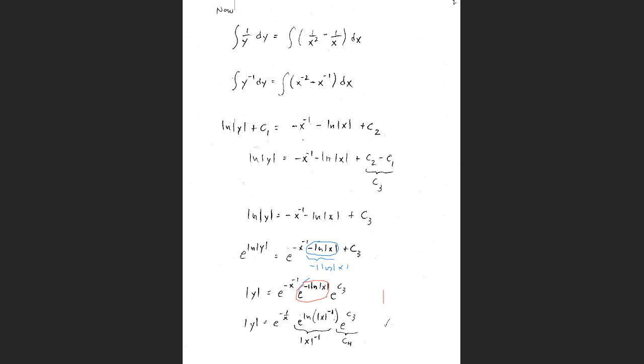And there we're using the rule that the log of a to the bth power equals b times the log of a. How many recall that from their pre-calculus days?